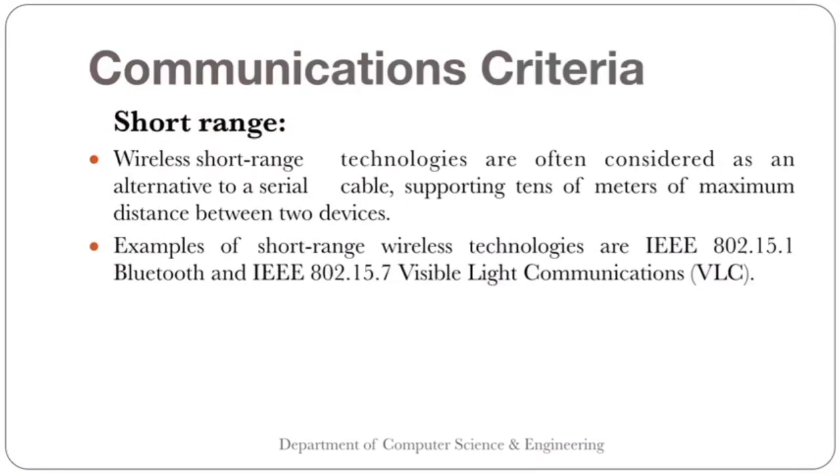Short range wireless technologies include IEEE 802.15.1, that is Bluetooth, which has a range of only a few tens of meters, and IEEE 802.15.7, that is visible light communication. So this is about short range.